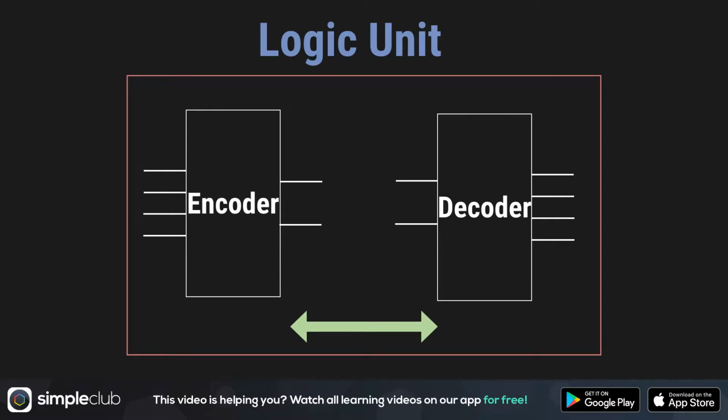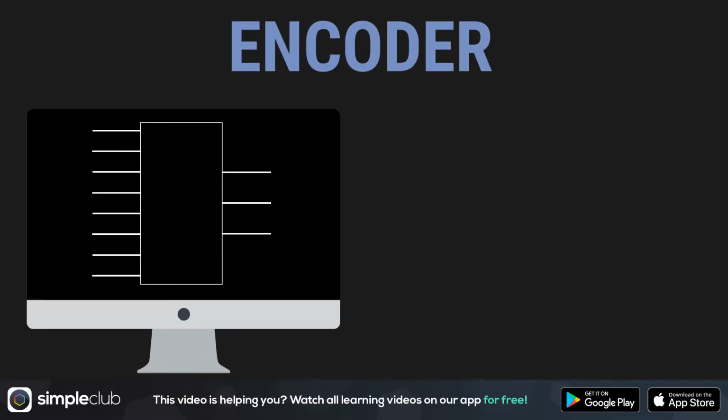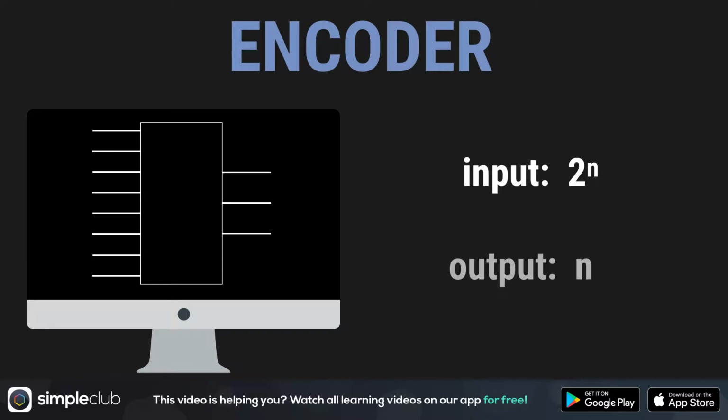So what does one of these encoder devices look like? Well, we've already learned that an encoder is the opposite of a decoder. Because of this, the number of inputs and the number of outputs is exactly the other way around. So, with an encoder, the number of inputs we have is 2 to the nth power, which means we've got n outputs.